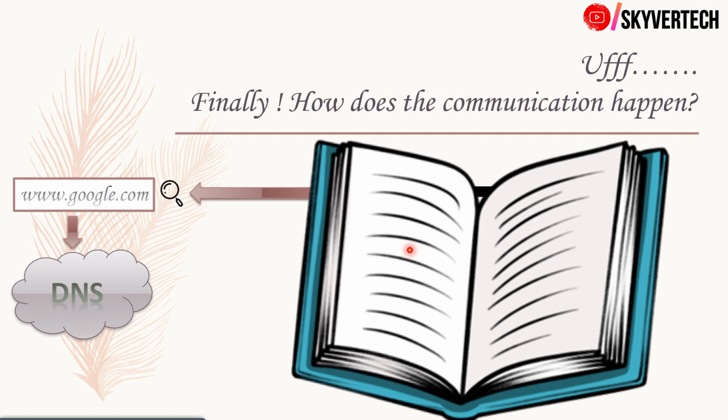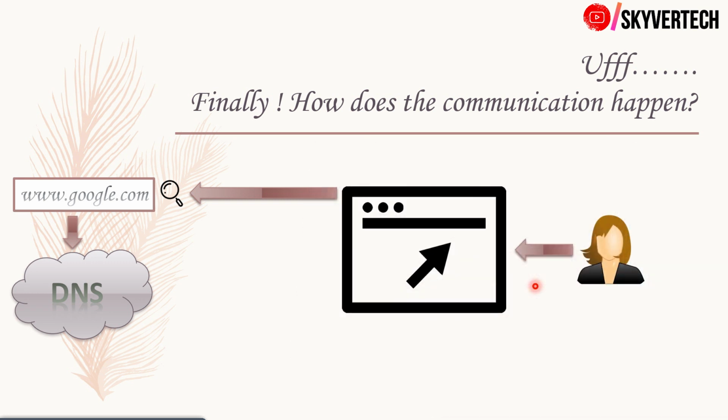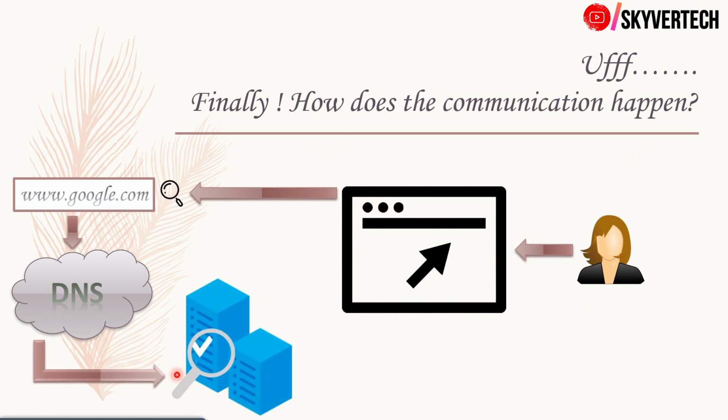So after you type this URL, it goes to this record book, finds www.google.com here and finds the IP address against it. After it finds this particular IP address, it goes to the server and searches for the website's pages, that is the website's HTML, CSS and JS files inside its database.